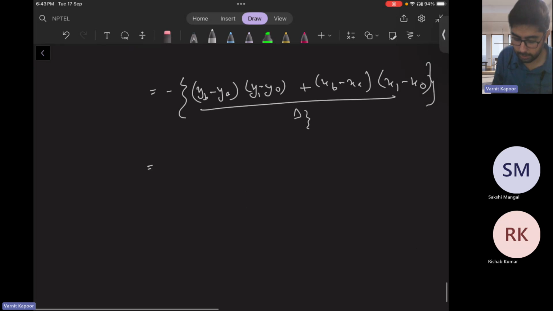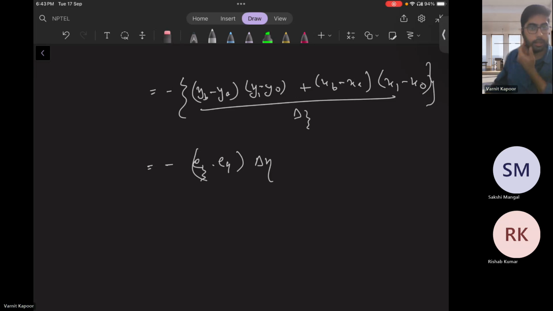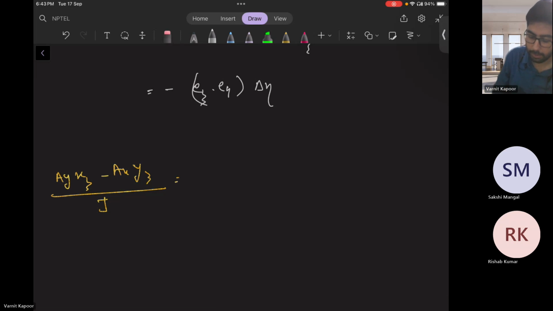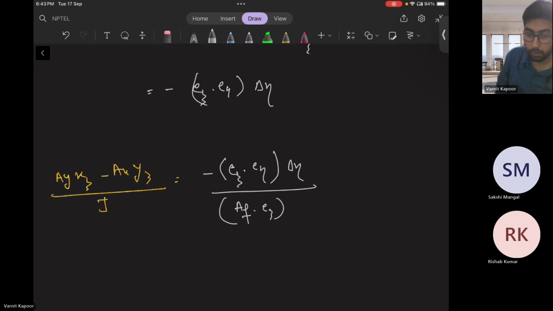This can also be written as, if you simplify, e zeta dot en into del zeta. Now again, you will divide by what? Jacobian. Let's divide by Jacobian. So (ay x zeta minus ax y zeta) over Jacobian can be written as minus e zeta dot e eta del eta, and Jacobian is nothing but af dot e zeta over del eta.